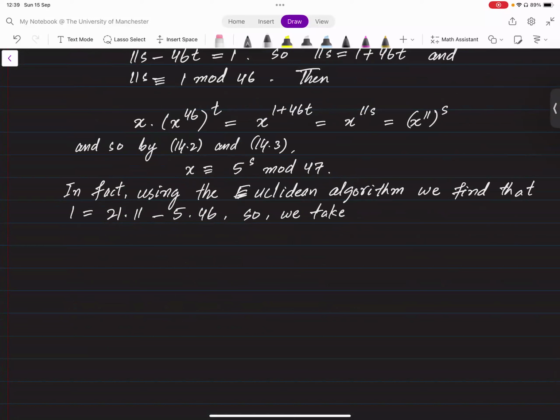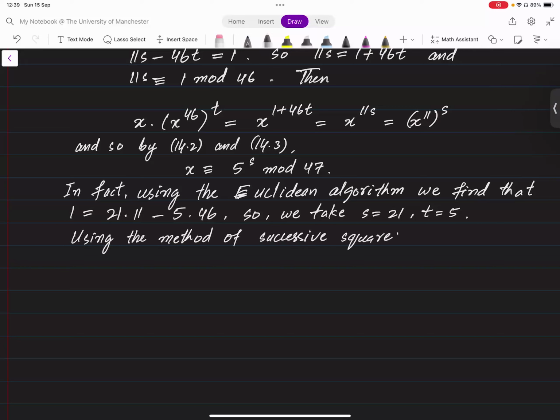Now, using the method of successive squares, that is example 13.3 we discussed before, we see that 5^21 is congruent to 15 mod 47.